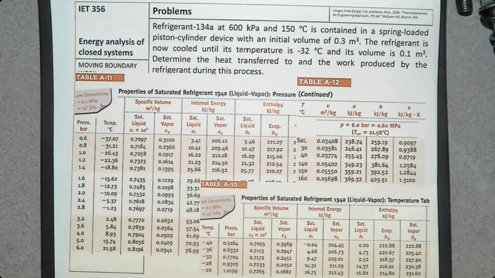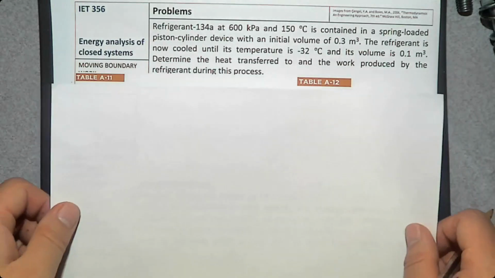Water and refrigerant, they are phase change material. So if you want to evaluate their properties, what do you need to do? The table problem. We need to use a table. Determine the phase change process, go to the appropriate table and then find whatever you want. You can find it directly, or you may have to use linear interpolation.